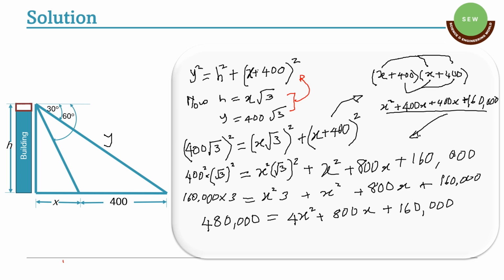Making it neater again, we can move this across, and then we can now write 4x squared plus 800x plus 160,000 minus 480,000.